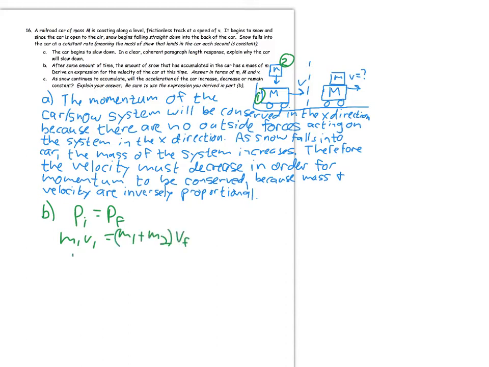Initially, it's just going to be big M times little v, what we're told as the mass and velocity of the car initially. Afterwards, we're going to have big M plus little m, including the mass of the snow, times that final velocity. And so we end up getting that the final velocity of the car is going to be Mv over M plus little m.